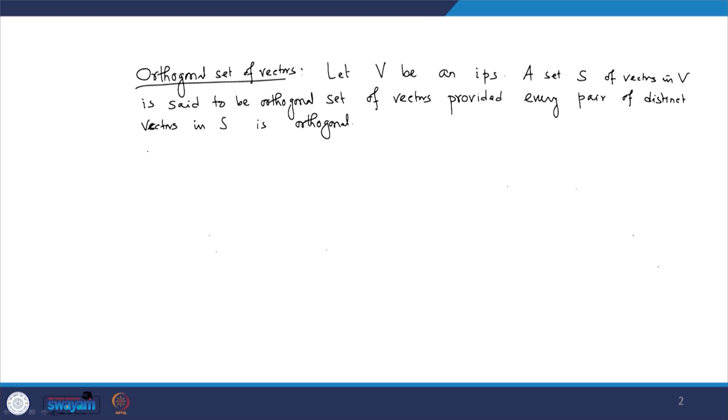Again, another terminology: a set of orthonormal vectors.